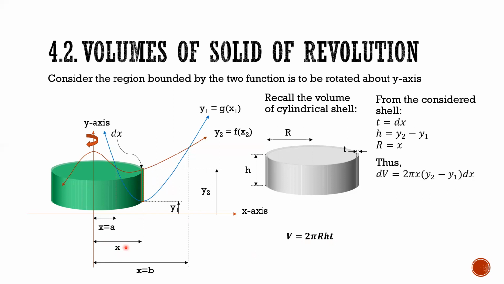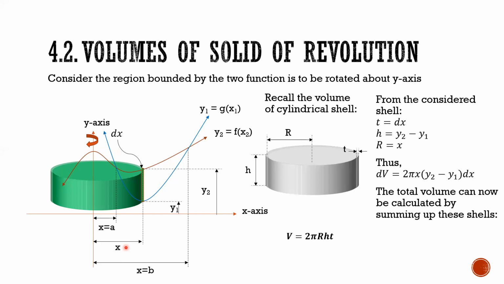So therefore, substituting all of this into the general formula of the volume of a cylindrical shell, we have the following equation: 2 pi x representing the radius, y2 minus y1 representing the height, and dx representing the thickness. The total volume can now again be calculated by integration.